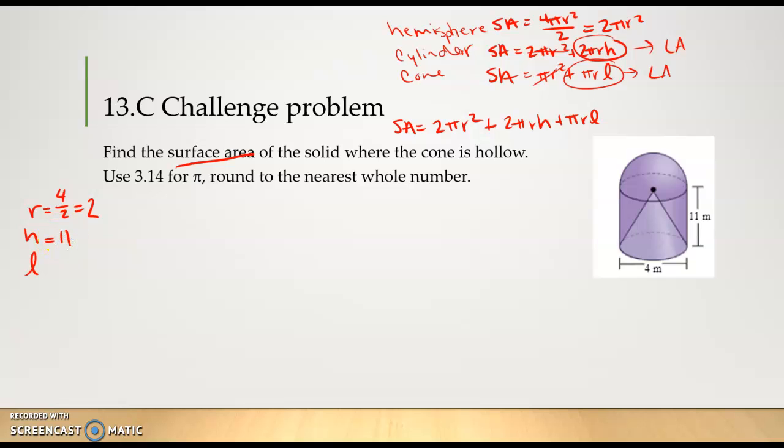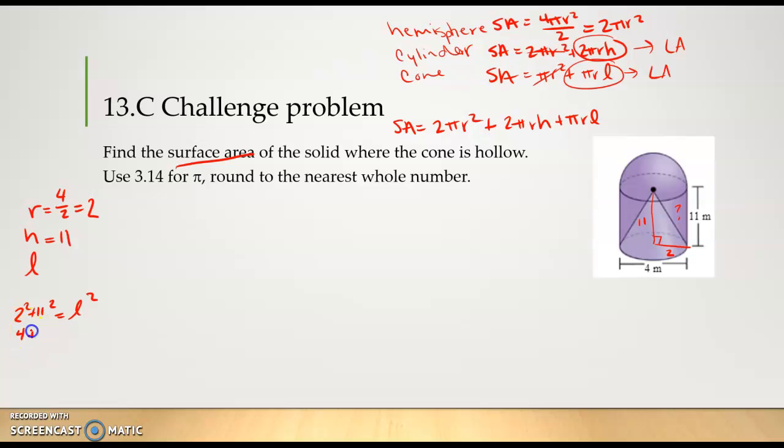Now the slant height, that's where I'm creating this right triangle. I drop this straight down, I bring this over, that's 2. This is 11. I need to find this side right here. We're going to do 2 squared plus 11 squared equals the slant height squared. We're using the Pythagorean theorem because this is a right triangle.